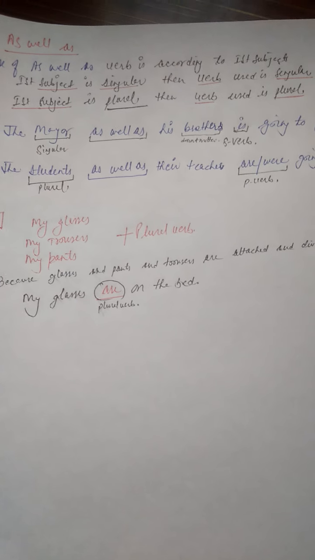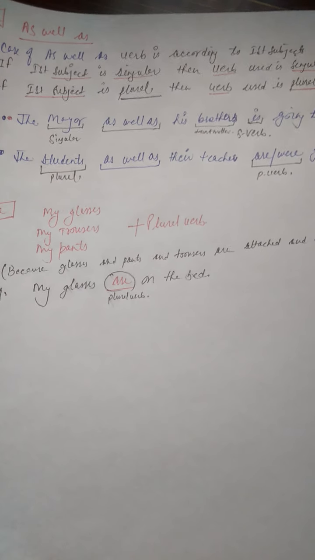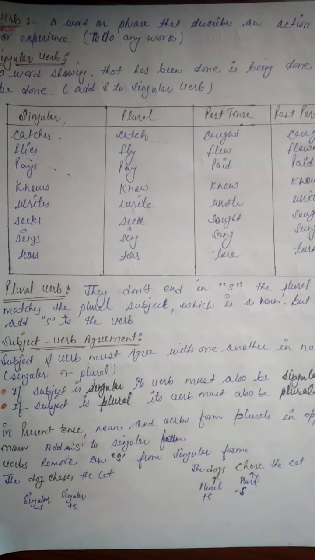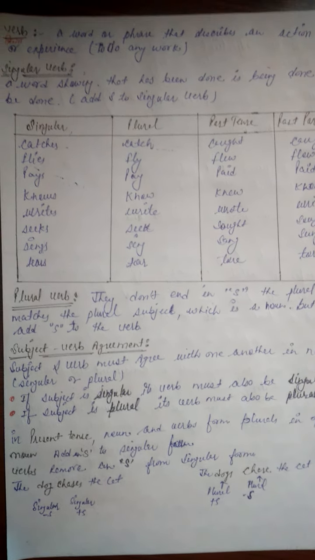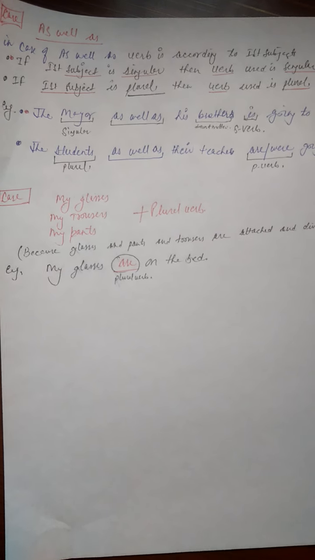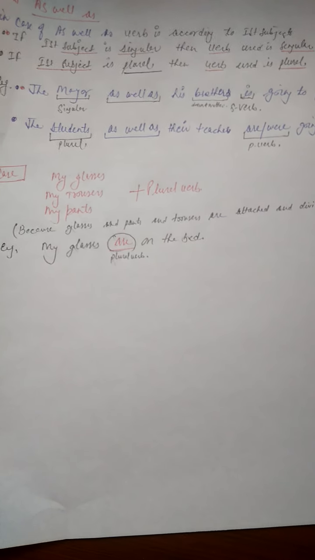So I have already told you about singular verb and plural verb. Again, I'll show you a chart about singular and plural verb. For example, the mayor as well as his brothers is going to prison. So mayor is singular and we are using 'as well as'.